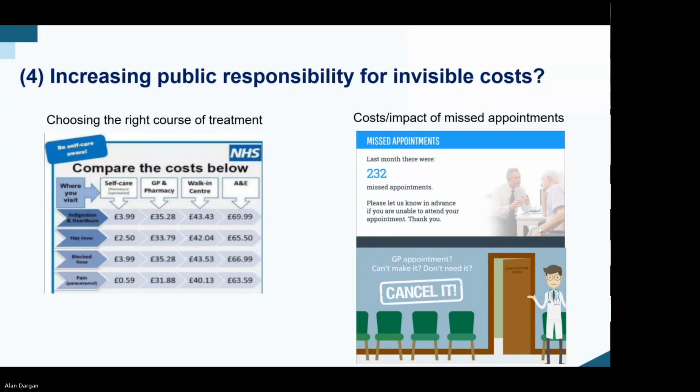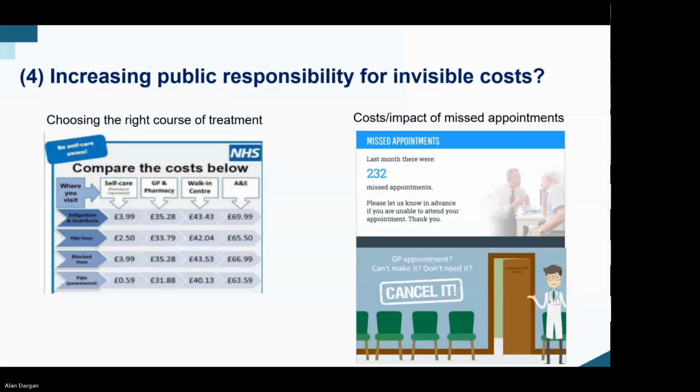Say, for example, choosing the right course of treatment, which could be choosing to see a pharmacist instead of a GP for a certain condition, with some NHS campaigns highlighting the difference in costs between, say, self-care for pain, which the example on the left-hand side shows could cost as little as 59p for paracetamol, compared to an A&E visit, which can cost anywhere from £64.